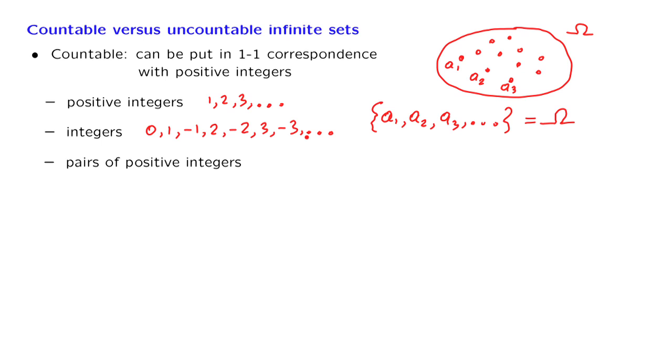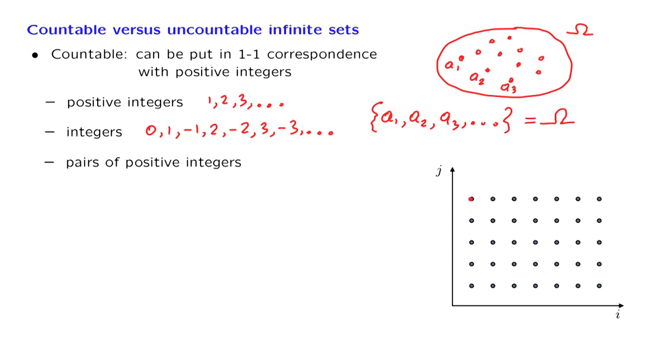How about the set of all pairs of positive integers? This is less clear. Let us look at this picture. This is the set of all pairs of positive integers, which we understand to continue indefinitely. Can we arrange this set in a sequence?